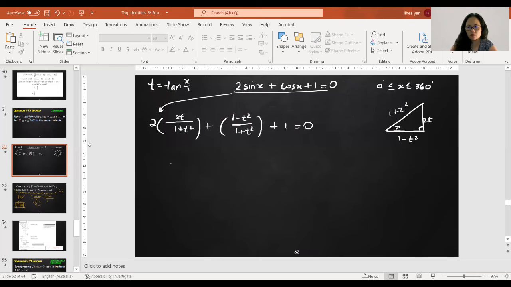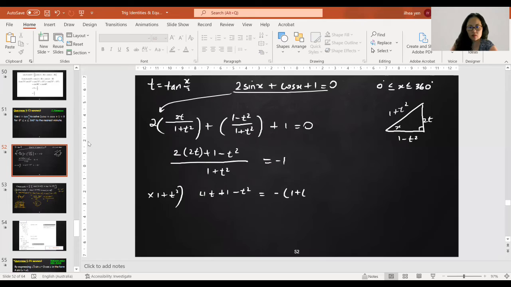Okay, that's not too bad. I'm just going to move this minus 1 there, and times by 1 plus t squared, it will be 4t plus 1 minus t squared equals minus 1 plus t squared.